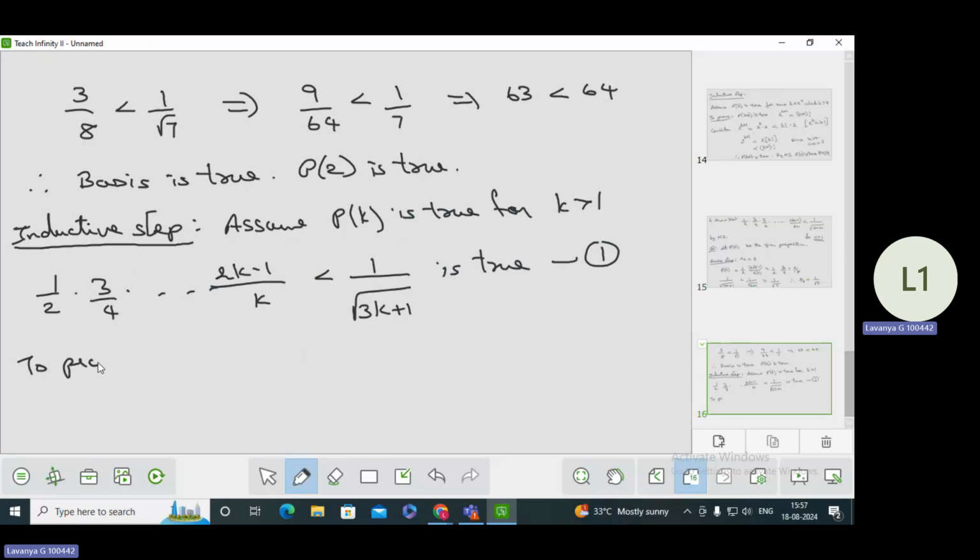Next, I have to prove P of k plus 1 is true. So what is this? My P of k plus 1, I have to rewrite this. So this would be 1 by 2 into 3 by 4 into etc. 2 into k plus 1.